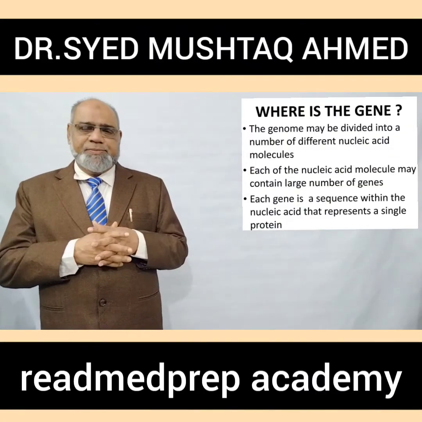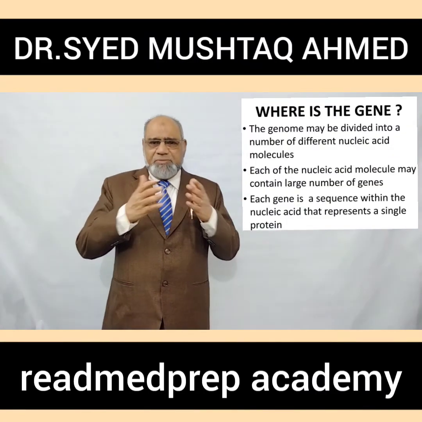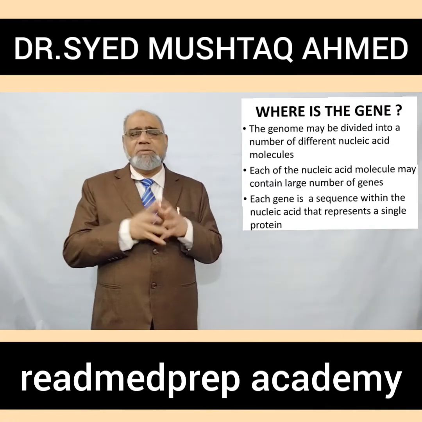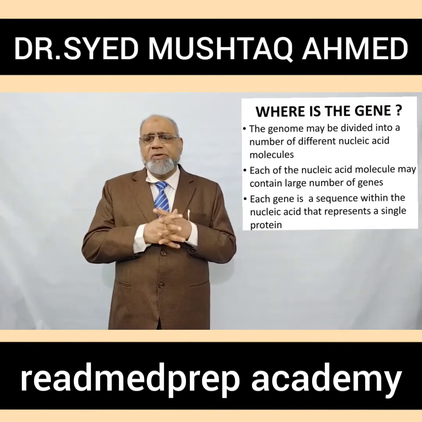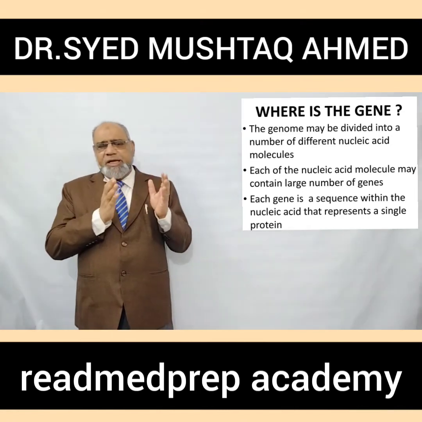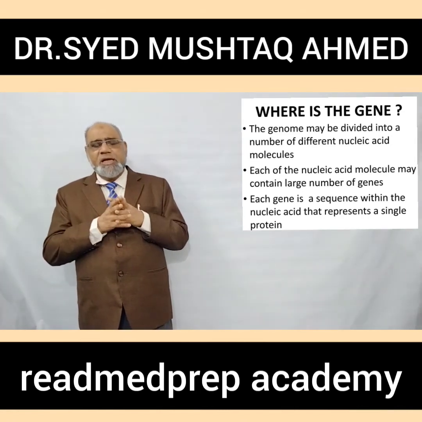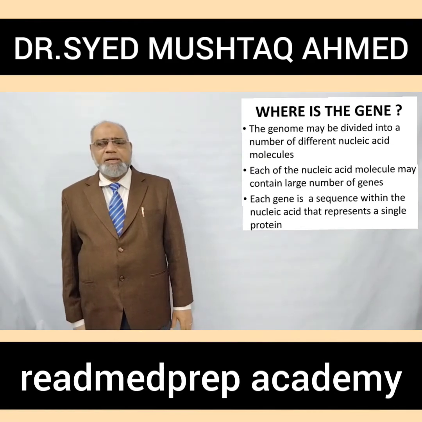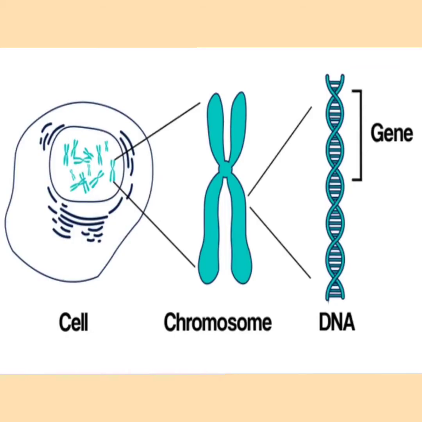Where is the gene? The genome may be divided into a number of different nucleic acid molecules. Each nucleic acid molecule may contain a large number of genes. Each gene is a sequence within the nucleic acid that represents a single particular protein. Here you can see the cells contain the nucleus.